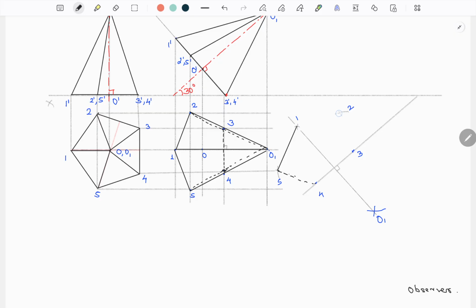Same as it is, whatever line is hidden in this stage 2 top view, the same lines will be hidden here, no changes. Only what we are doing, we are drawing it with edge inclined at 45 degree, that's it.